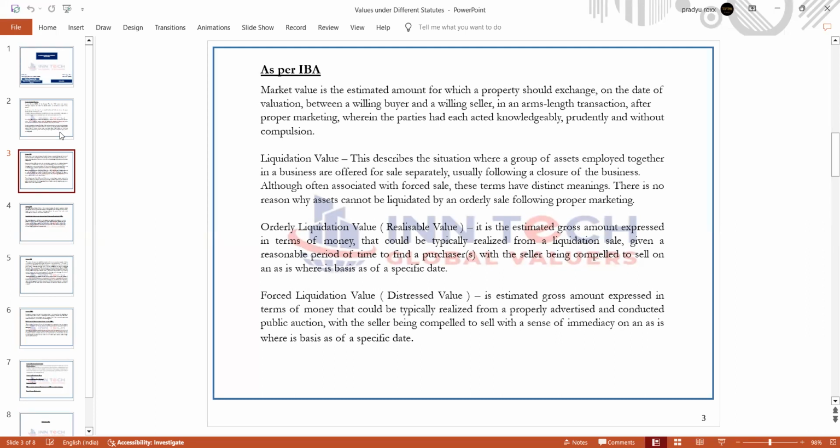The IBA, here the IBA is the Indian Banks' Association, has come out with guidance notes, or guidelines, for all the valuers.